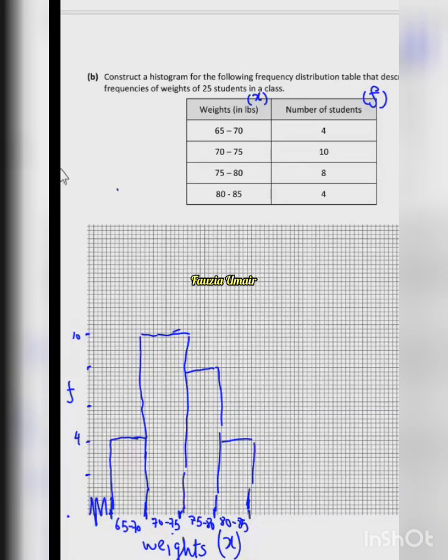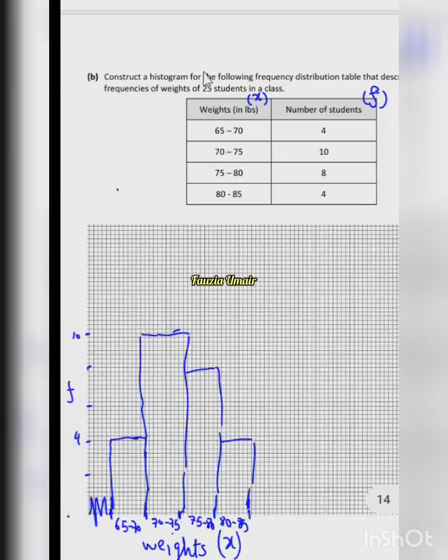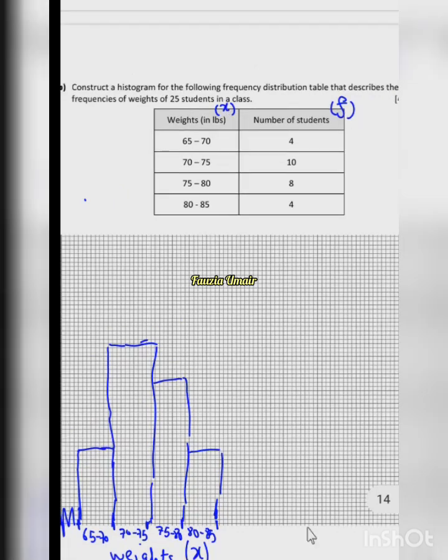So there are two mistakes which students usually do. First one, they cannot understand which is frequency and which is x. So you need to remember where the repetition is, that is your frequency. Frequency always will be on the y-axis and x will always be on the x-axis.